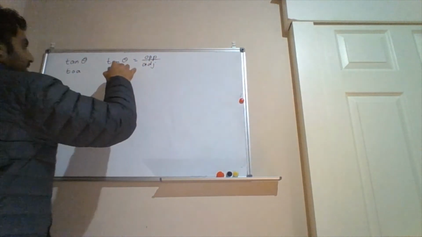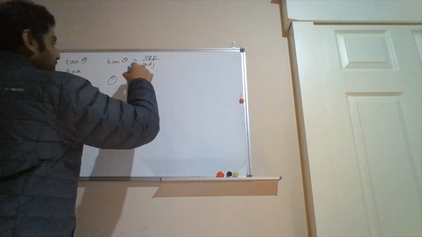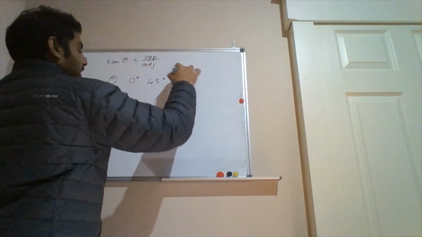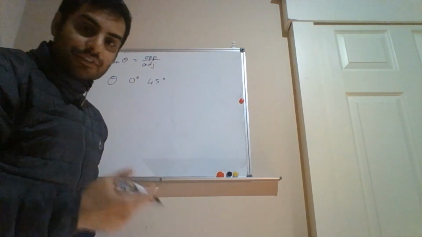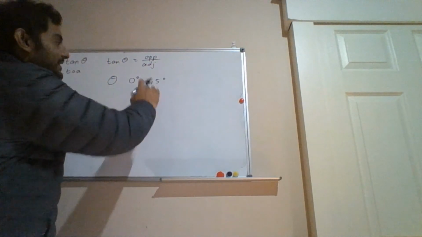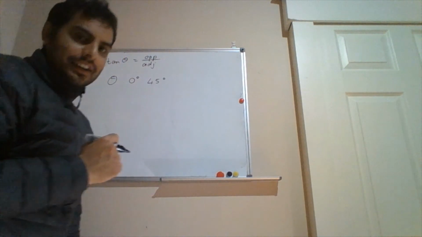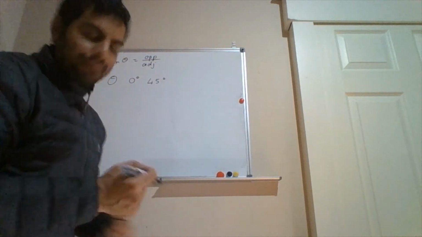So I'm going to let theta go up in increments of 45 degrees. And the reason is because 45 degrees is a nice angle for tan. 45 degrees itself gives us, tan of 45 gives us 1, and other increments of 45 will give -1.